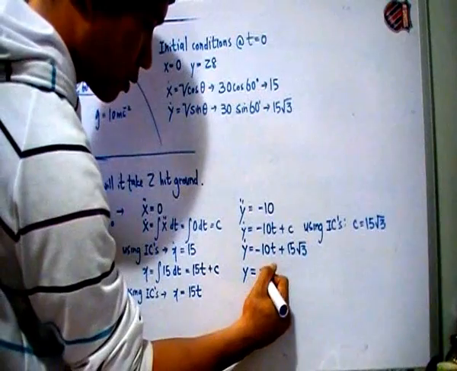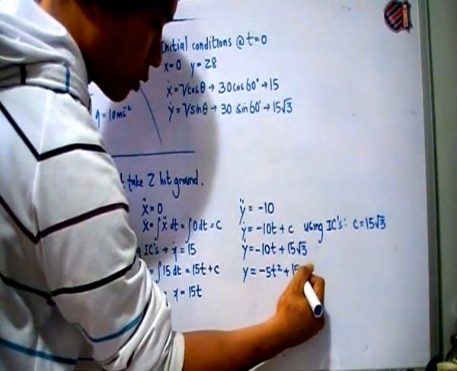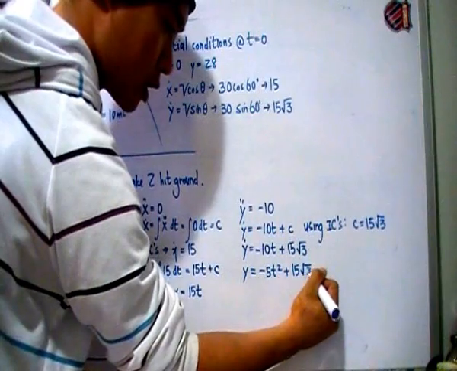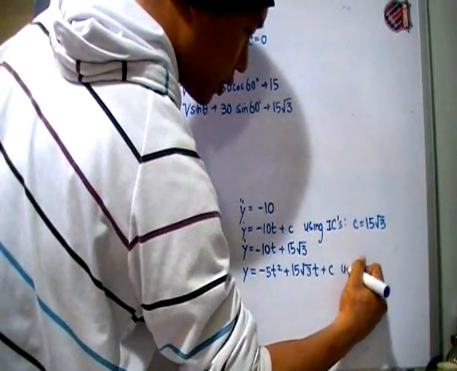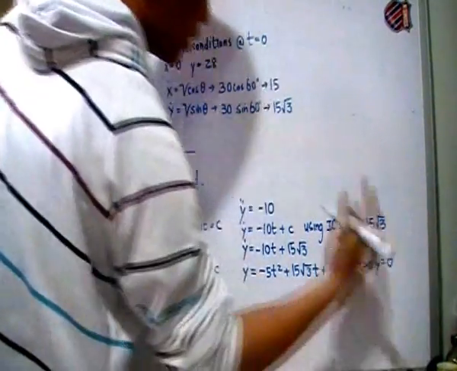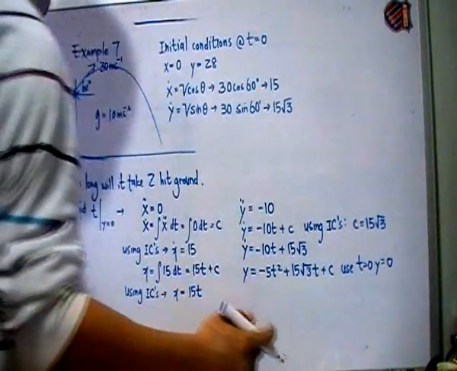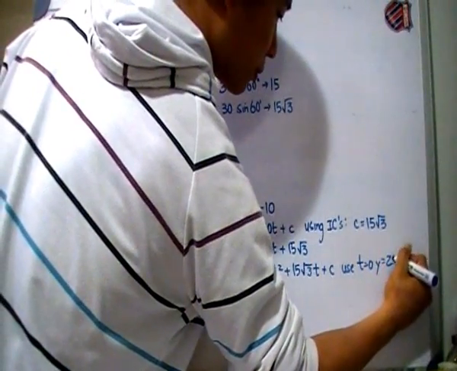Integrating one more time will give you minus 5t squared plus 15 root 3 t plus c. And use t equals 0, y equals 0. Once again, your initial conditions from up here. Uh-oh, my bad. Not y equals 0, guys. Y equals 28.